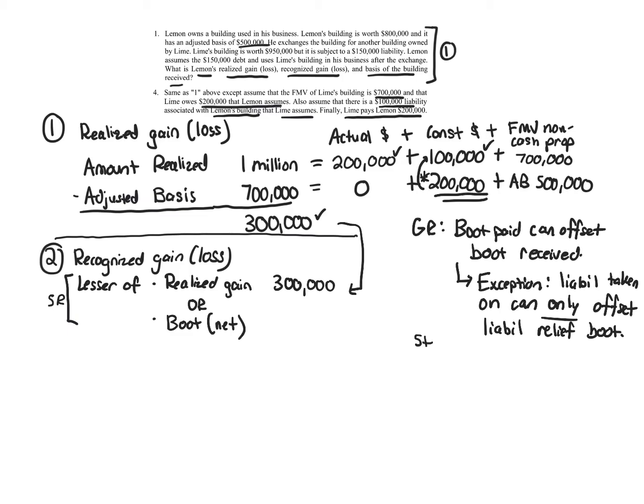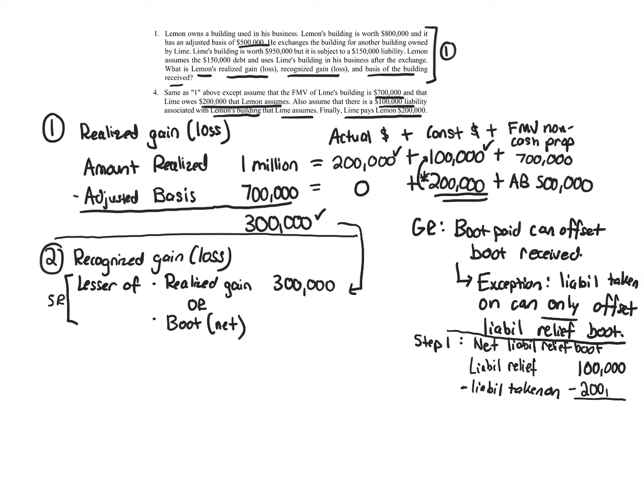Step 1, we're going to determine the net liability relief boot. The way we do that is we take liability relief minus liability taken on. So liability relief here is $100,000 minus the liability taken on, which is $200,000. This gives us negative $100,000.